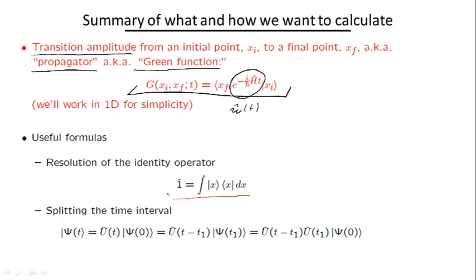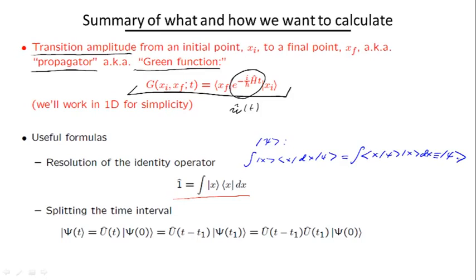The fact that it is the identity operator means that if we have an arbitrary wave function psi, and we act by this operator on it, what we get is the matrix element x psi times the ket vector x dx, and this is identically equal to psi itself. So this is formula number one.